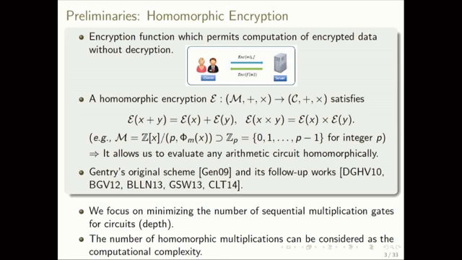Homomorphic encryption is an encryption function which permits computation of encrypted data without decryption. More precisely, it is an algebra structure preserving map between message space and plaintext space and ciphertext space. For example, we use a message space as a polynomial ring modulo integer p and cyclotomic polynomial.